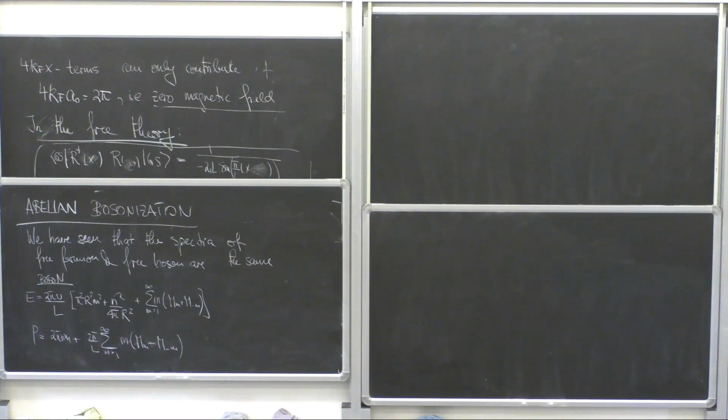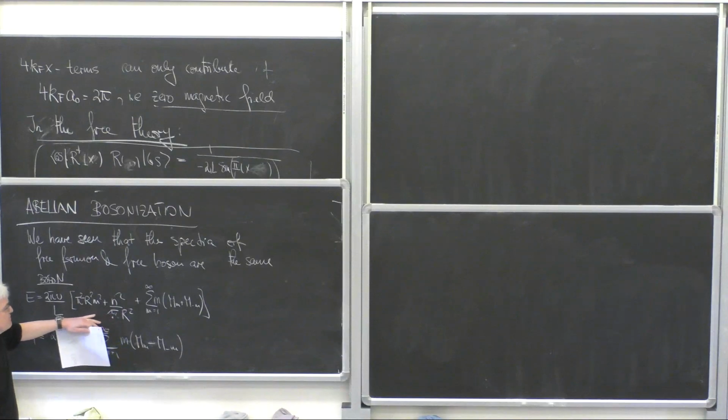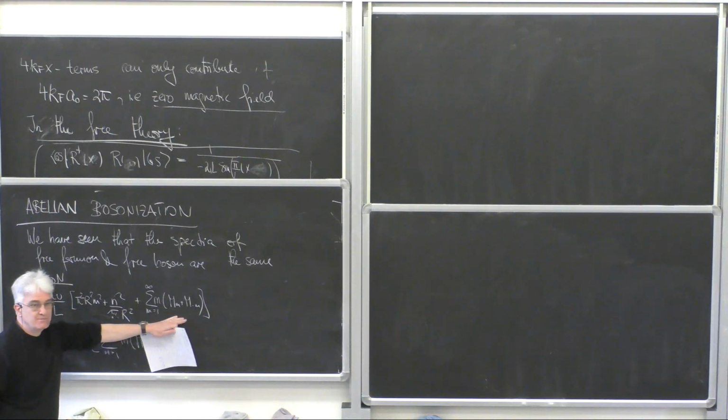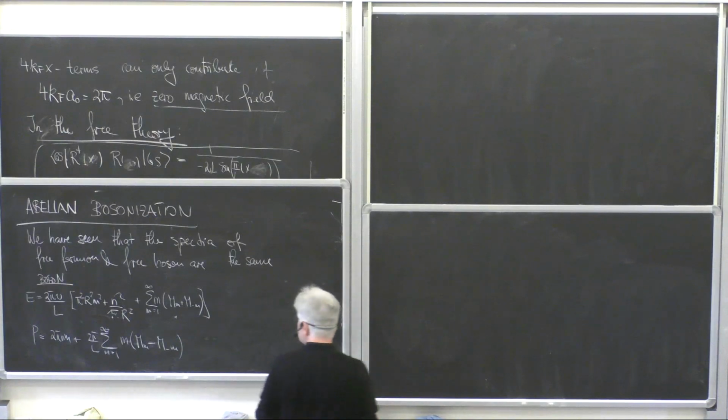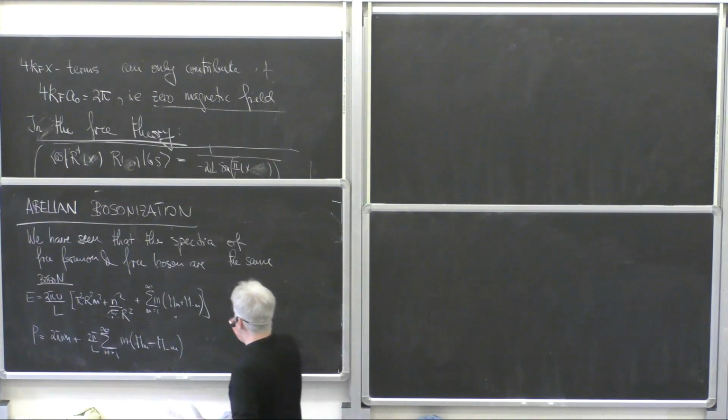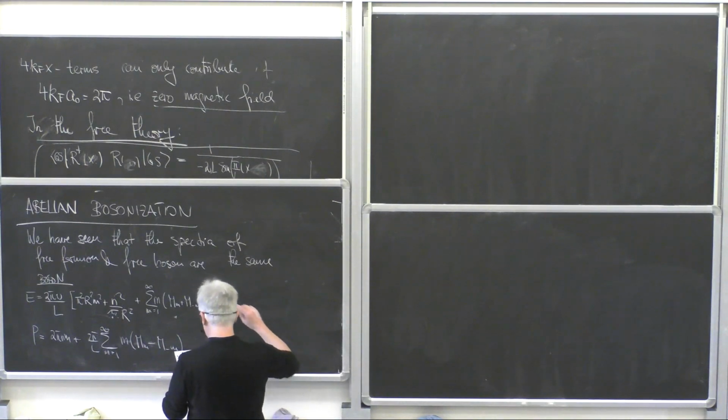So these terms came from the zero mode, these came from the finite momentum modes, etc. And for the free fermion, we had the same.